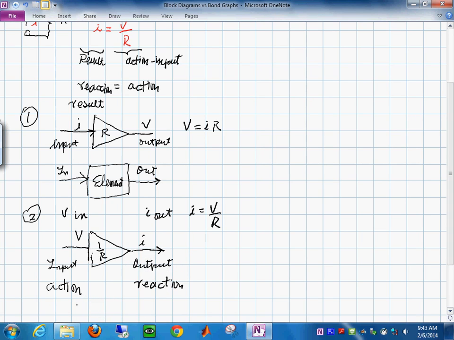Why don't we call it the causal effect? Who causes the effect? Or let's look at this term called causality.